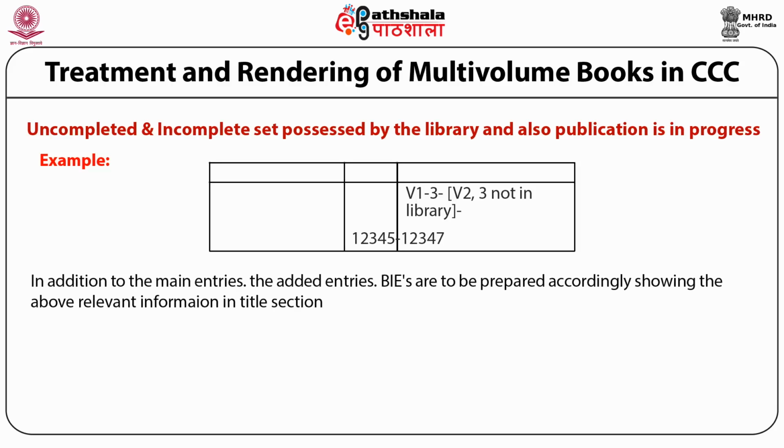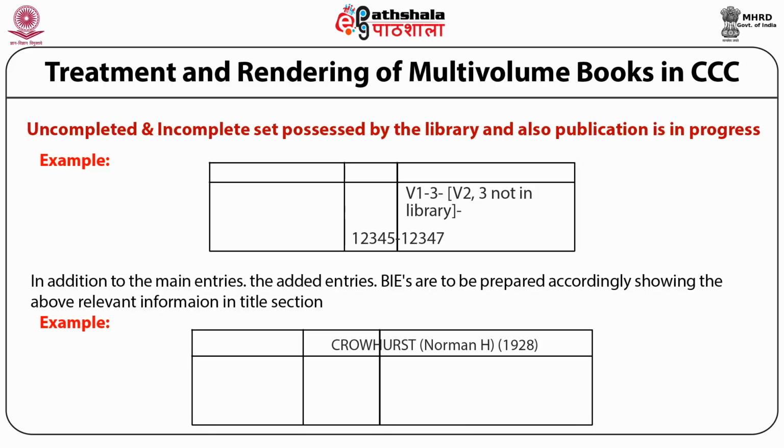In addition to the main entries, the added entries, book index entries are to be prepared accordingly, showing the above relevant information in title section. This is shown in the separate entry, which shows first section of the main entry is the heading section. It gives the name of the author of the book. Second section is title section.